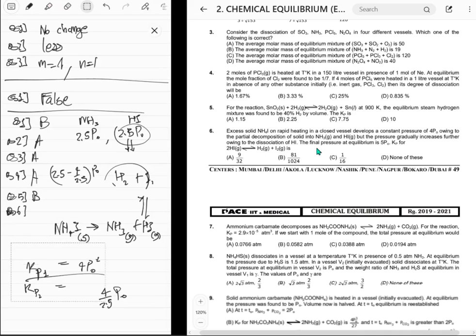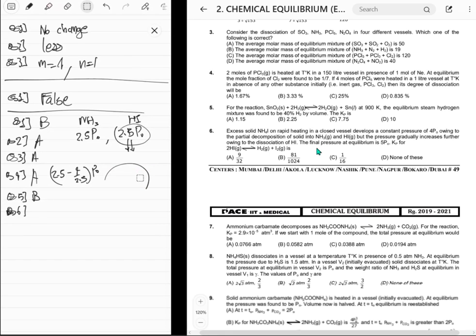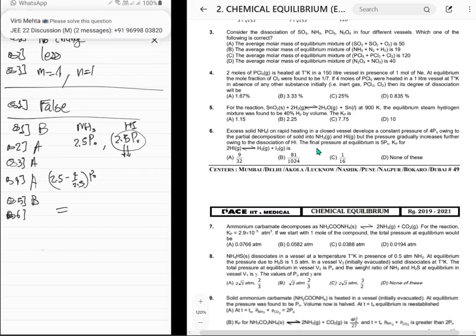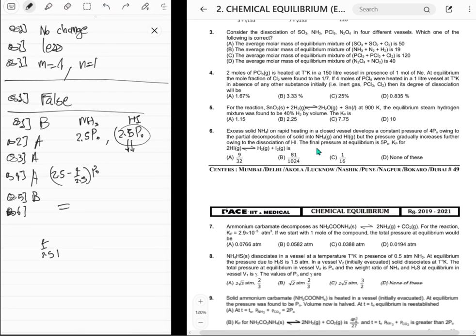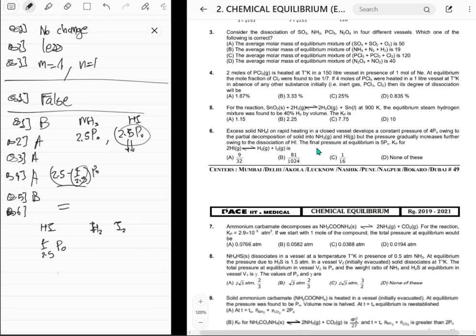So now we can figure out what that should be. Okay, so let's calculate. What is this value? We know this is going to be 4 upon 2.5 P naught, and this is HI and H2 and I2. Let's see what happens then. First of all, what is this value? 2.5 is like 10 upon 4, so this will be 16 upon 10, which is 1.6.